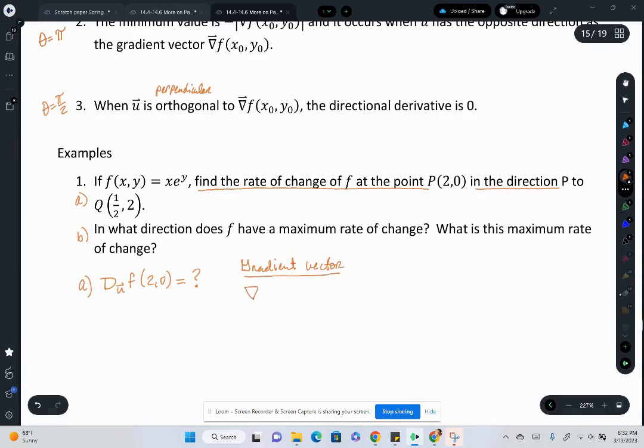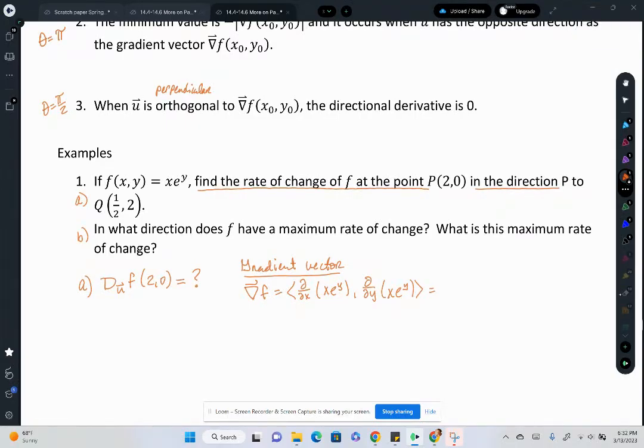Our gradient vector, remember, is just going to be the vector that has our first partial derivatives in it. So we've got del x of x e to the y in the first component, and del y of x e to the y in the second component. Del x of x e to the y is just e to the y. Del y of x e to the y is x e to the y.